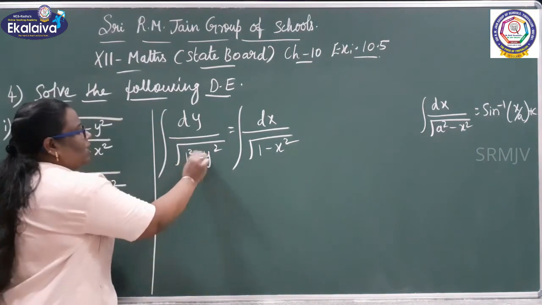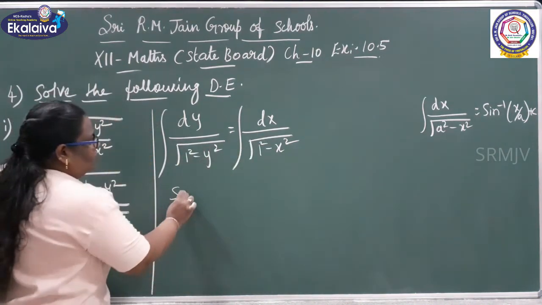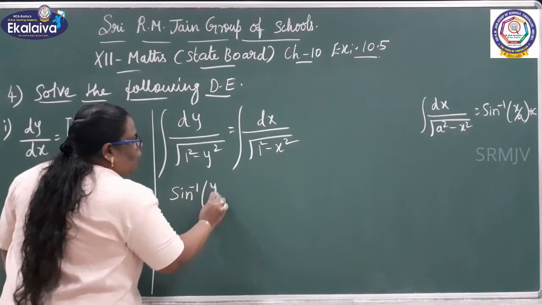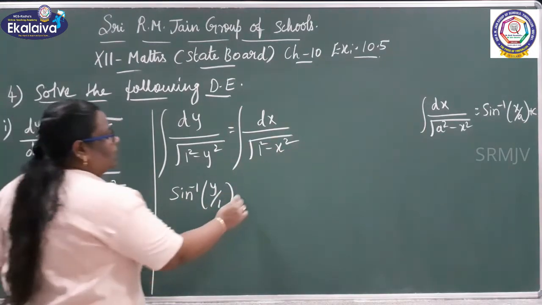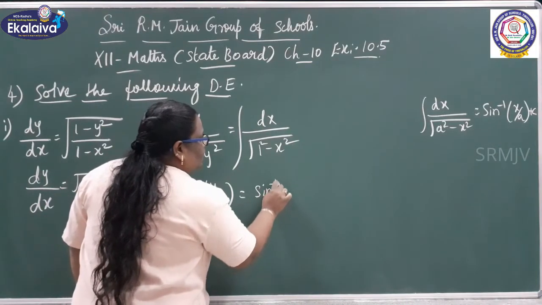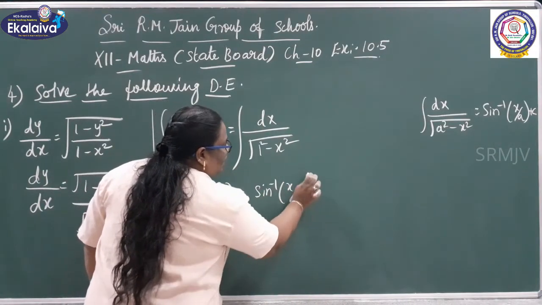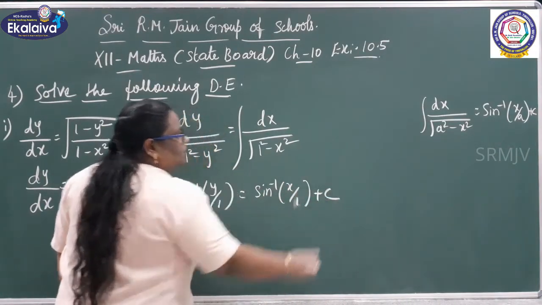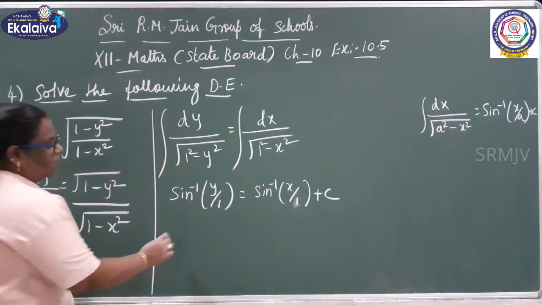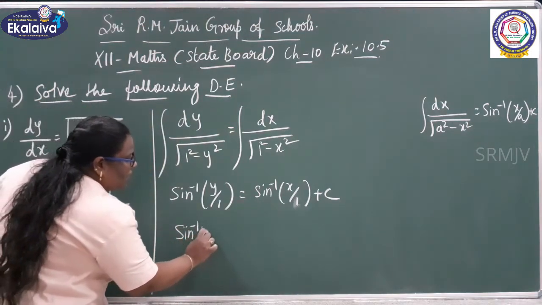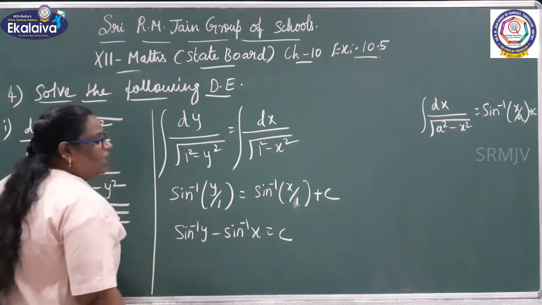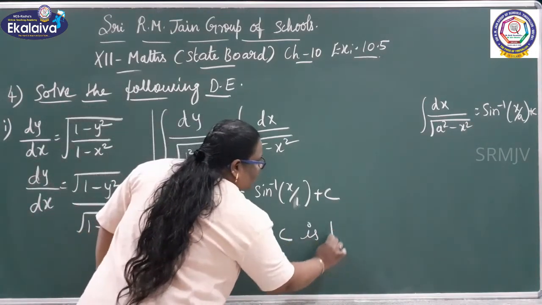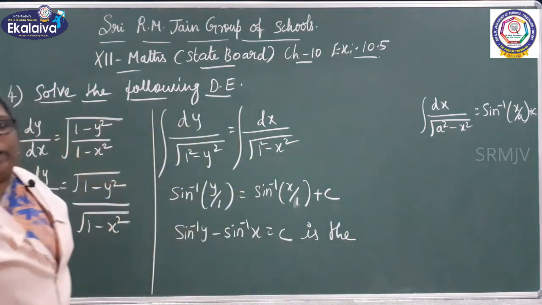So sine inverse of y by 1 equal to sine inverse of x by 1 plus c. So therefore sine inverse of y minus sine inverse of x equal to c is the required differential equation.